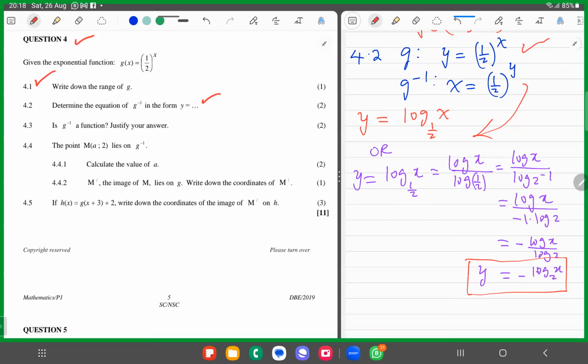Then to make y the subject, we write y equals the base of the power. This here is the base of the power, and this is the exponent. The base of the power becomes the base of the log, and once we write that, we're done.